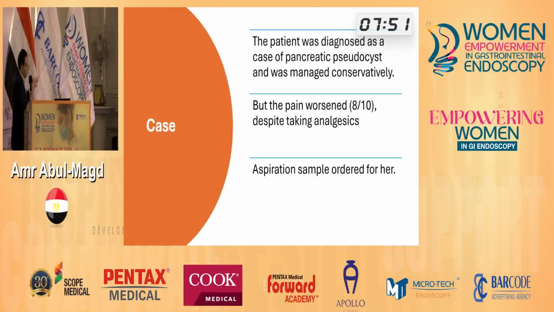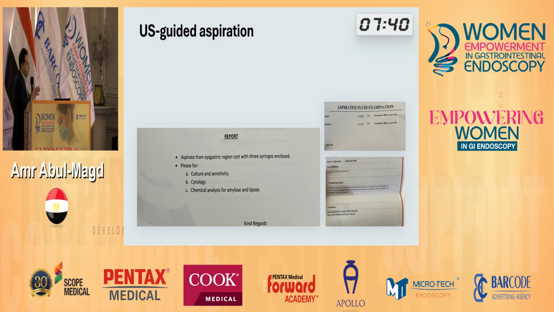In this patient the pain was worsening after seeking medical advice, and conservatively there was no improvement at all. So a colleague advised aspiration, and it also confirmed elevated pancreatic cyst amylase and lipase.